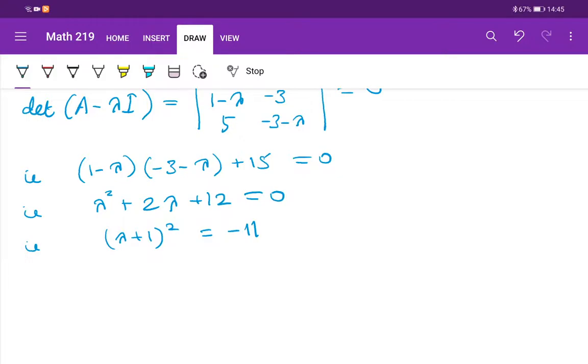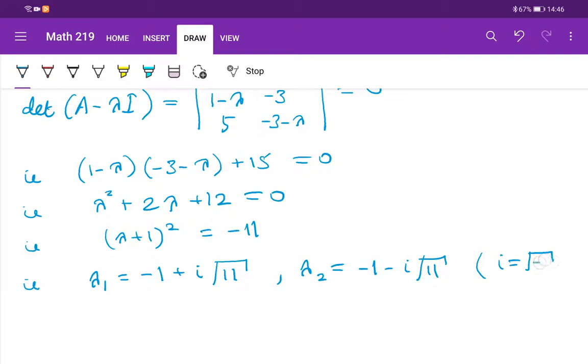Okay, and from that you see that lambda 1 is equal to minus 1 plus i times square root 11. So here i denotes the square root of minus 1, of course. And lambda 2 is equal to minus 1 minus i square root 11.